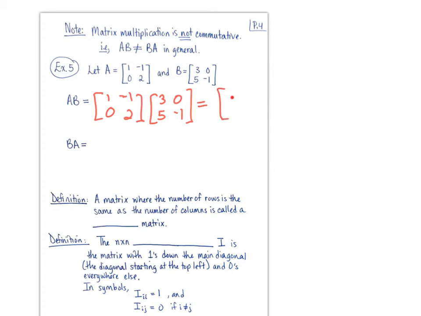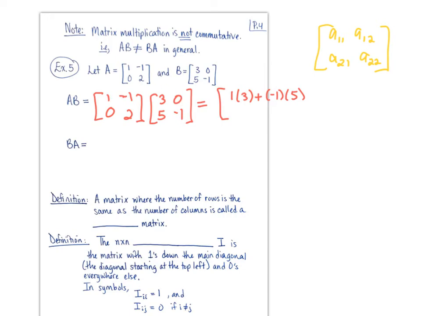So remember, we want the 1, 1 entry, so first row, first column. 1 times 3 plus negative 1 times 5. Then we have the 1, 2 entry. I have in the back of my mind the general 2 by 2 matrix that tells me what row and what column to use. So first row, second column.